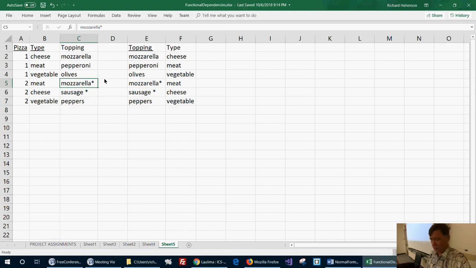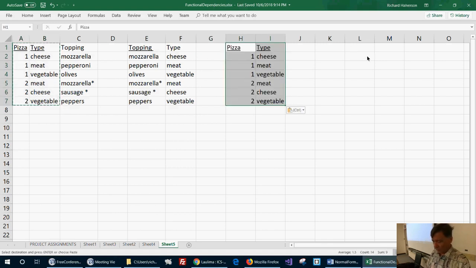So you have this, and you still want to have this because you need to keep that anomaly from happening where you put two cheeses on the same pizza.